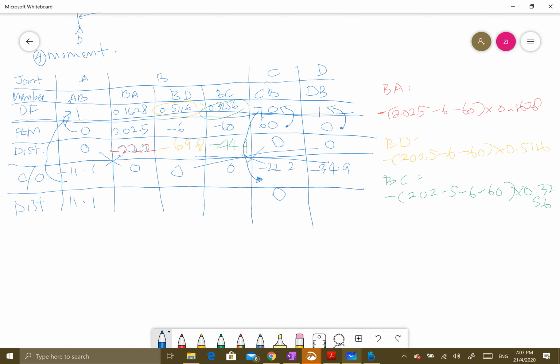And in this case, negative 34.9 times 1, change signs, becomes positive 34.9. Okay, and then for BA, it's 0 plus 0 plus 0. So basically, you cannot solve this further, right?